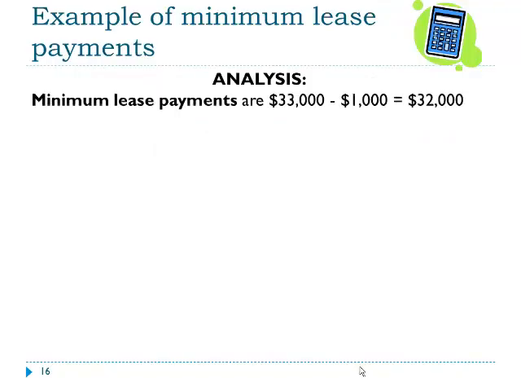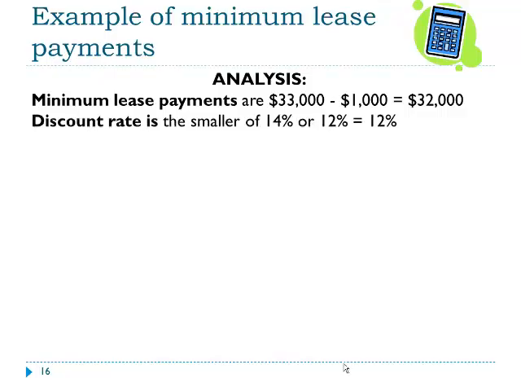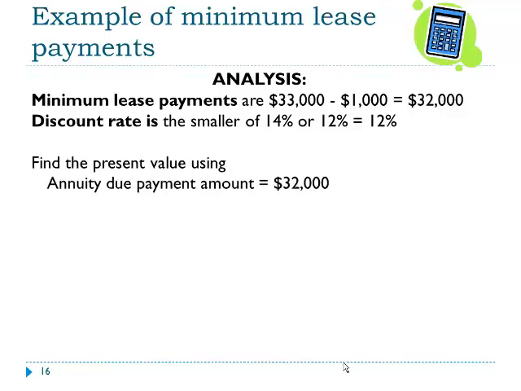The minimum lease payments are $32,000 per year, the $33,000 minus the $1,000 that's executory costs. The discount rate is the smaller of 14% or 12%, which would be the 12%. We'll find the present value using an annuity due for the payment amount of $32,000. There's 3 payments.